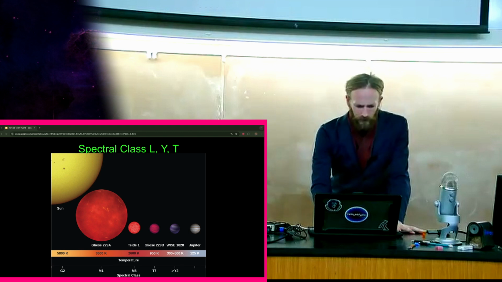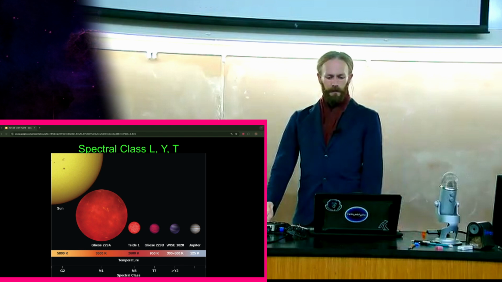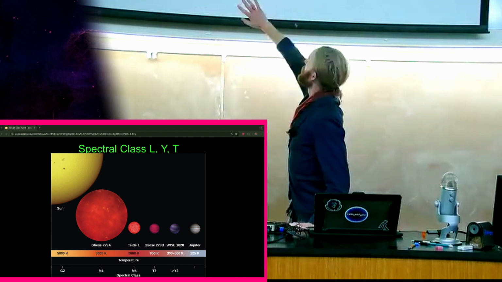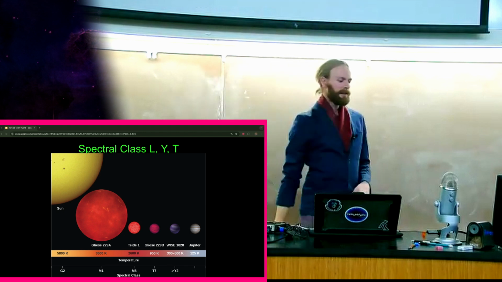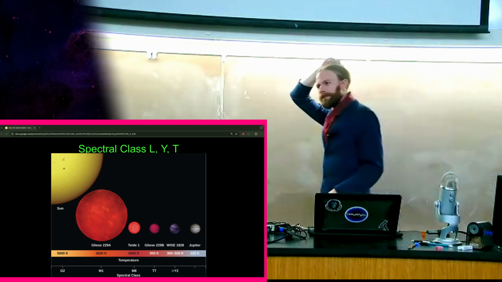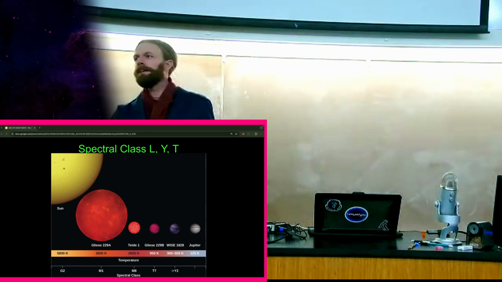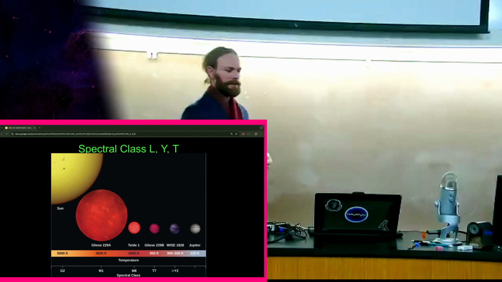I did want to say something though about, we'll get to it in a minute. Okay, so presumably this goes all the way down. Jupiter is at 125 Kelvin. It's very cold. What's interesting is if you go past Jupiter, you're going to end up in really cold stuff, like planets, essentially, which are really cold compared to stars.